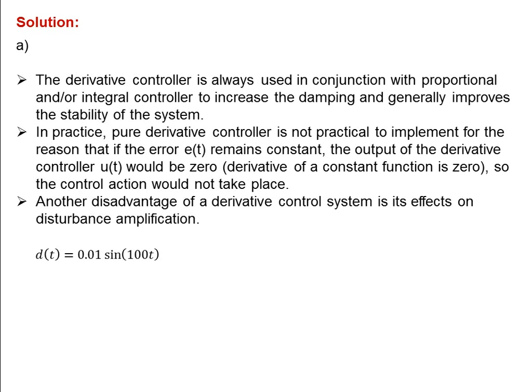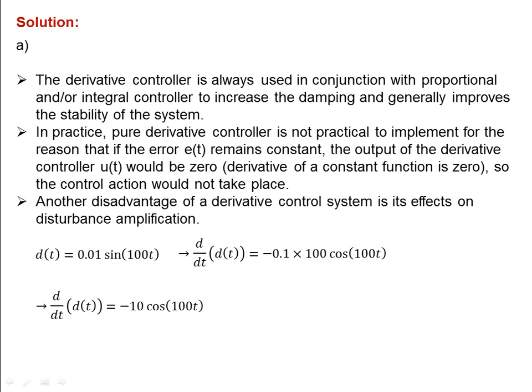For example, look at this function. Assume I have a disturbance or signal equal to 0.01 sine 100t. If I take the derivative of this signal, I will have minus 0.01 multiplied by 100 cosine 100t.